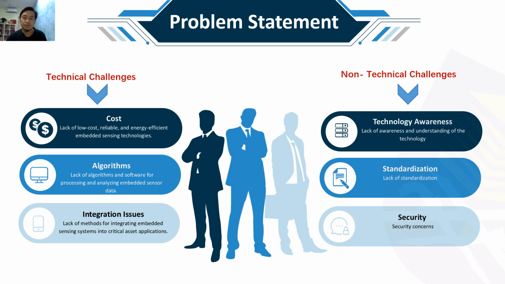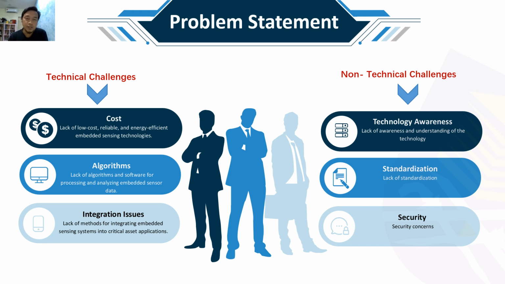too expensive or too bulky for use in critical asset applications, which may be located in remote or inaccessible locations. Additionally, these technologies may not be able to meet the reliability and energy efficiency requirements of critical asset applications.